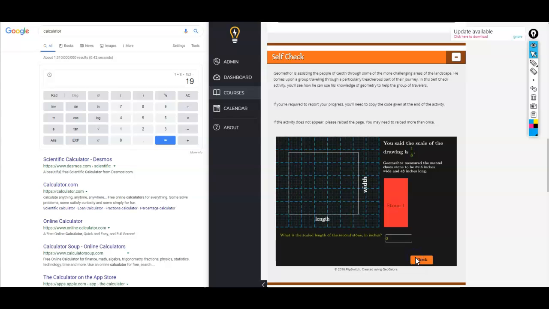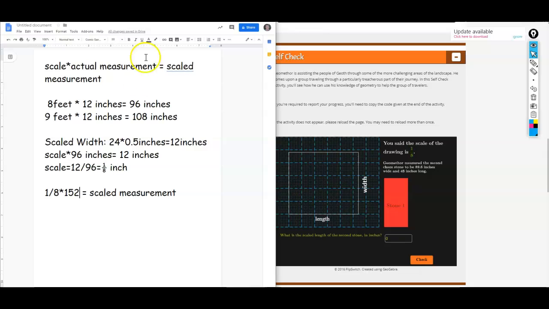So now this one is asking, Geomathor measured the second chaos stone to be 89.6 inches wide and 48 inches long. What is the scaled length of the second stone in inches? So again, if we go to our basic equation, it states the scale times the actual measurement to find our scaled measurement.